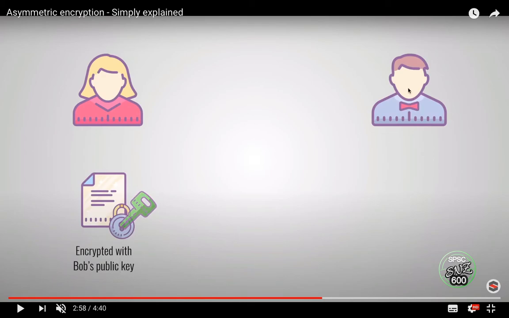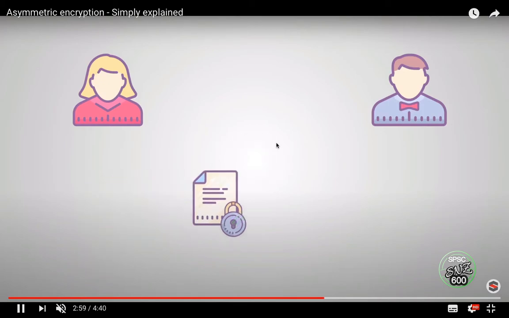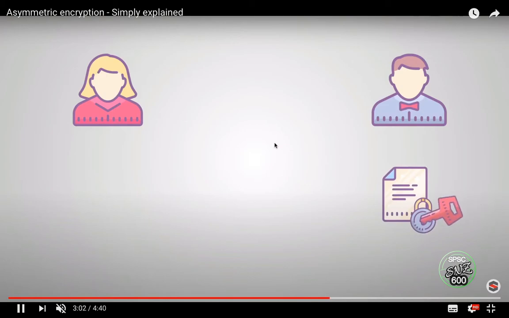The message is encrypted with Bob's public key and sent to Bob, and it can only be decrypted by Bob. So only he is able to decrypt the message. Even Alice cannot decrypt the message, because she doesn't know the corresponding private key of Bob's public key.